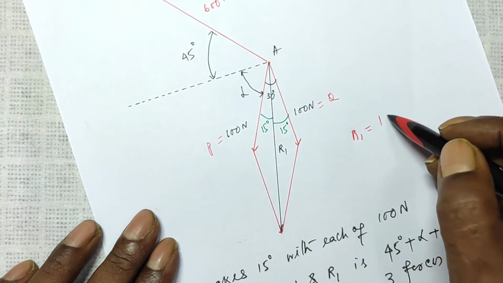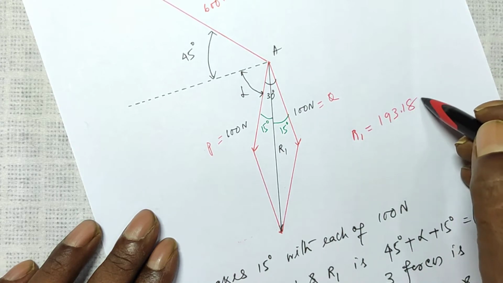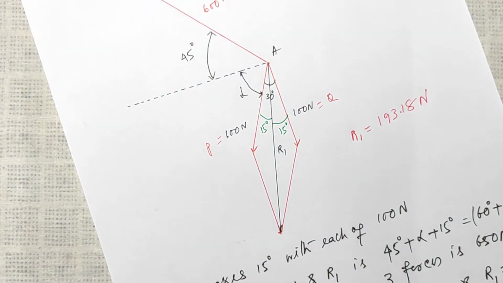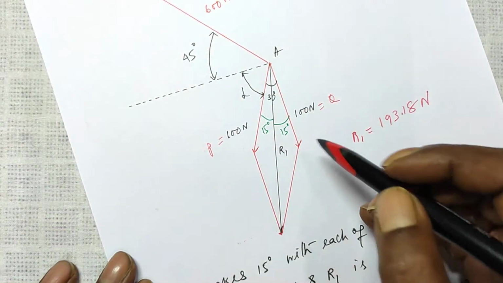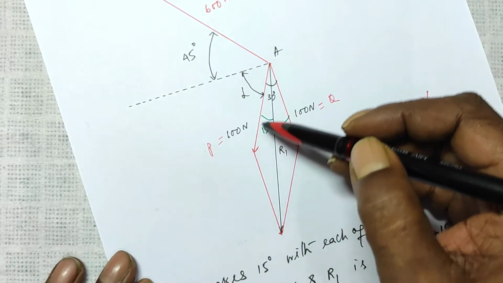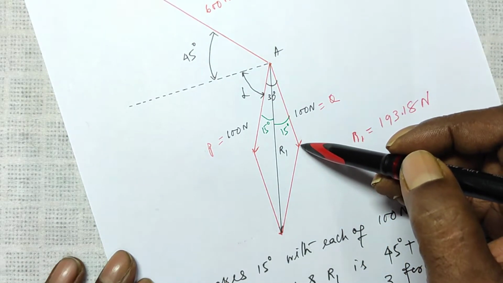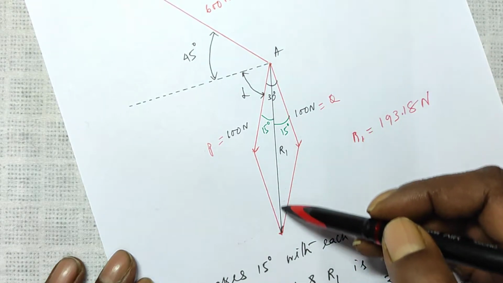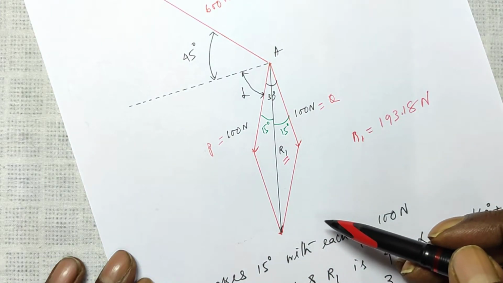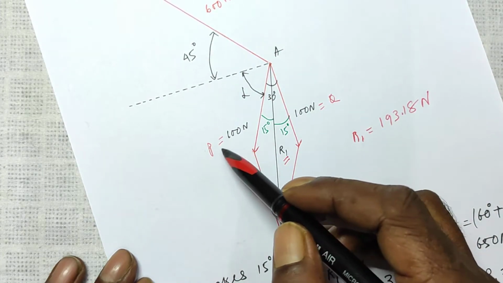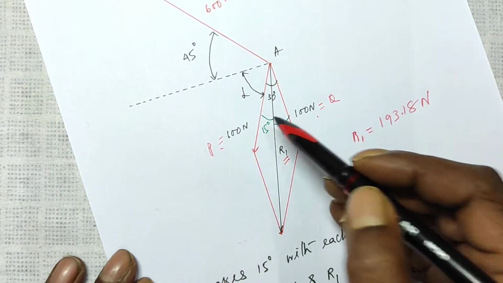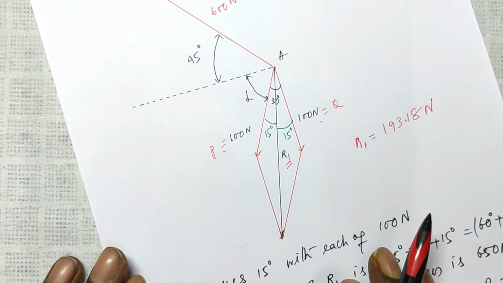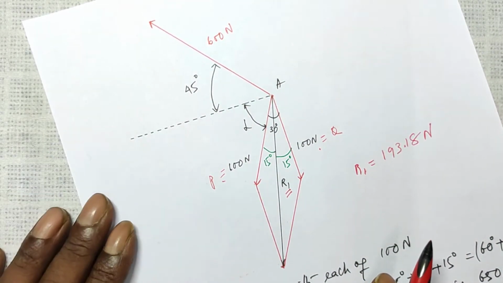Since the length of P and length of Q are equal, if you construct a parallelogram, then this diagonal, the resultant R1, will exactly pass in between P and Q. So this angle will be 15 degree, this angle will be 15 degree, that is half of 30 degree.